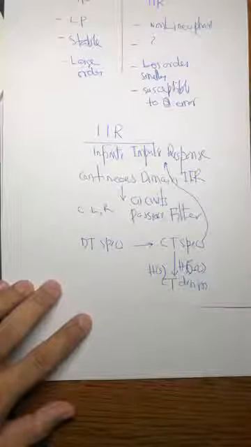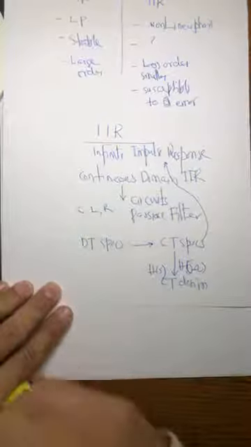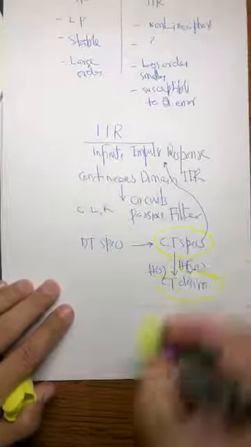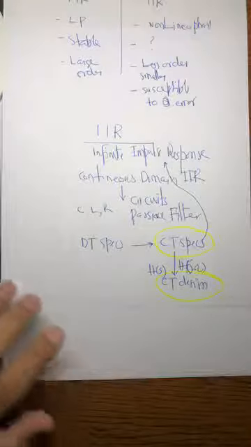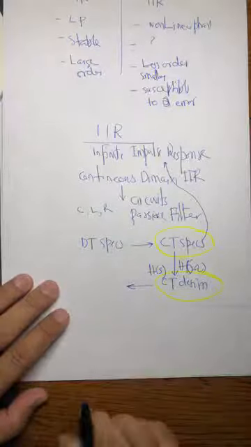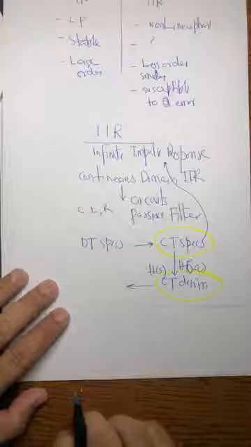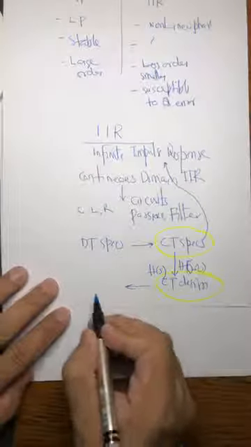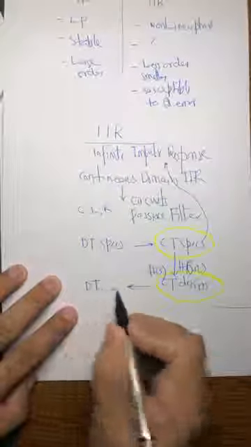You design something in continuous time, and then you use the same technique. What if you have something in continuous time? The process of sampling will convert a continuous time signal, or a system, into a discrete time design.